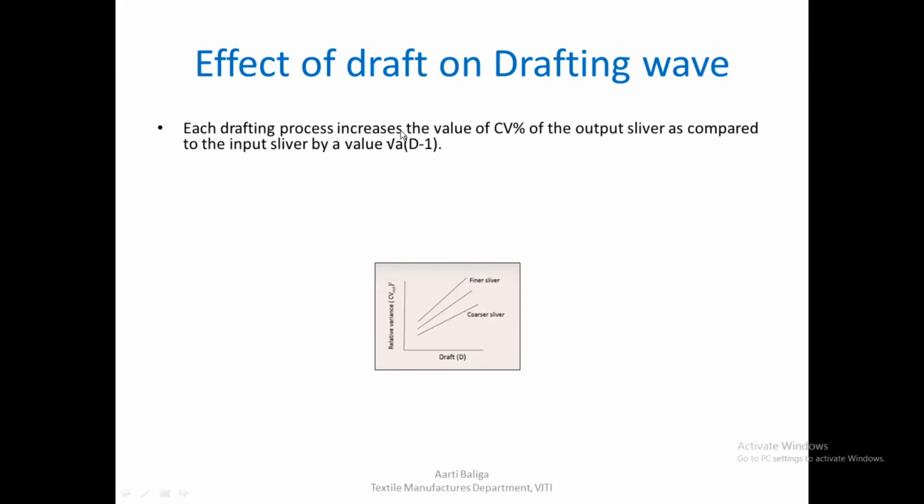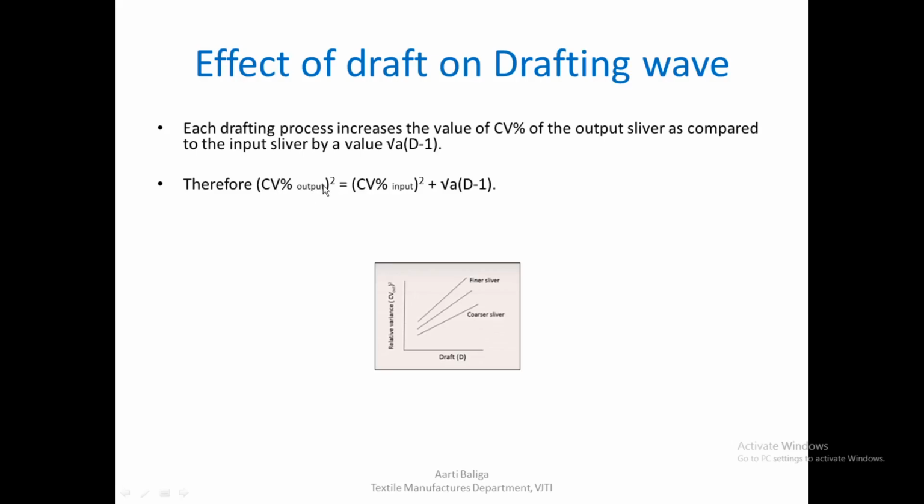Each drafting process increases the value of the CV of the output sliver as compared to the input by a value which is root of A into D minus 1. Therefore, CV output you can express, as we have earlier mentioned, that CVs can be added if they are squared.